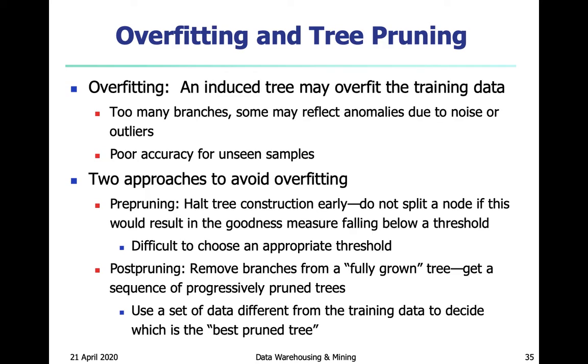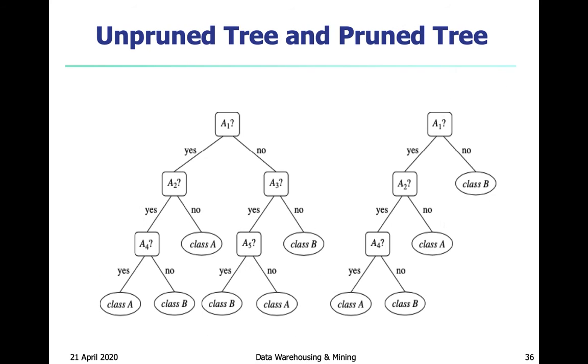The best approach is post-pruning, which removes subtrees from a fully grown tree. A subtree at a given node is pruned by removing its branches and replacing it with a leaf. The leaf is labeled with the most frequent class among the subtree being replaced. Notice the subtree A3 in the unpruned tree.